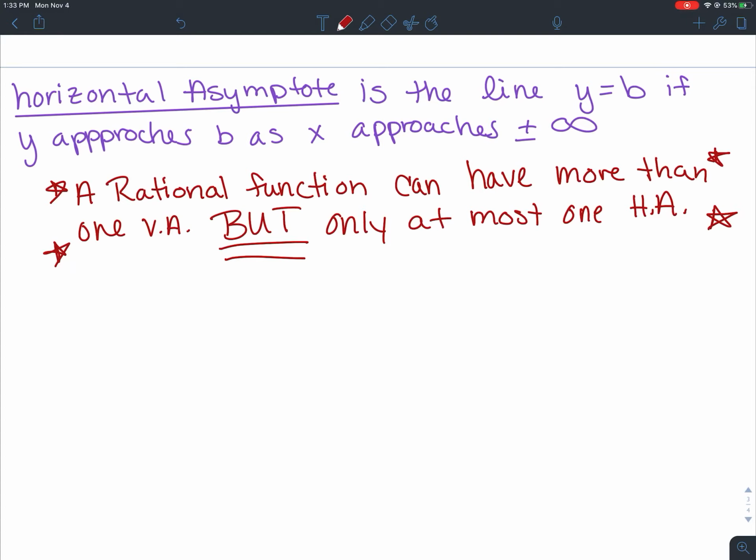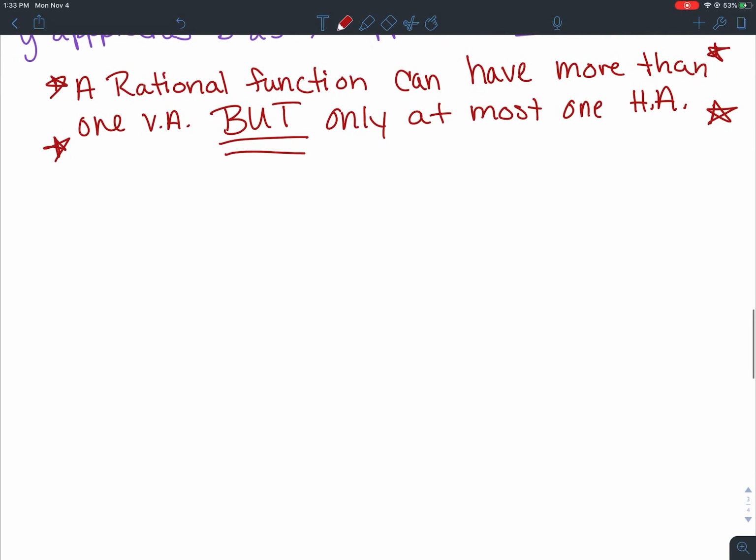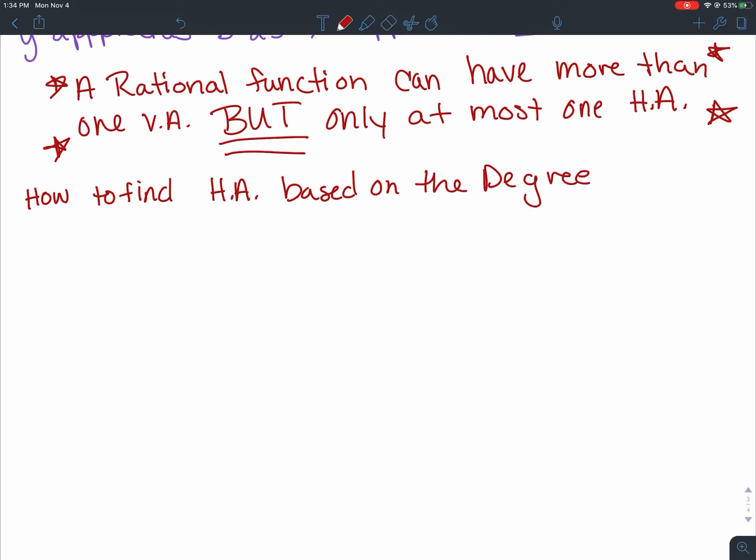Now, I have some fun acronyms that I use to remember this. So, how to know what it is. And you should have already learned this. How to find horizontal asymptotes based on the degree. The degree, again, from Miss Marshall's unit, is the highest exponent in simplified form.